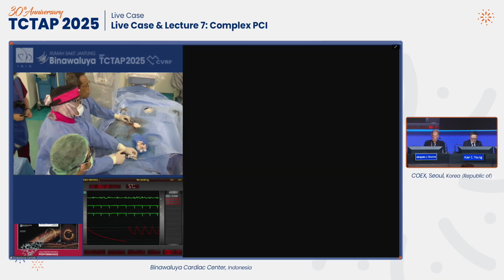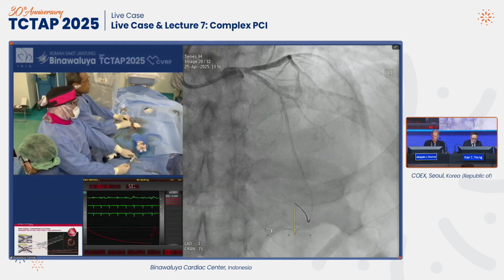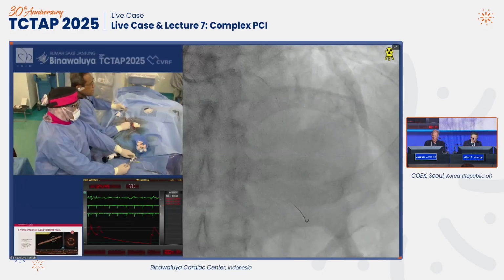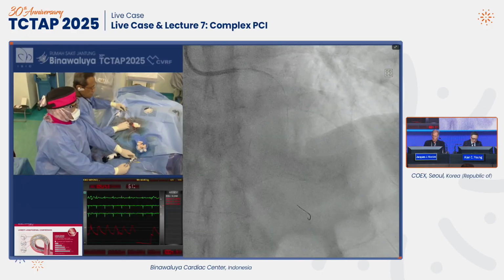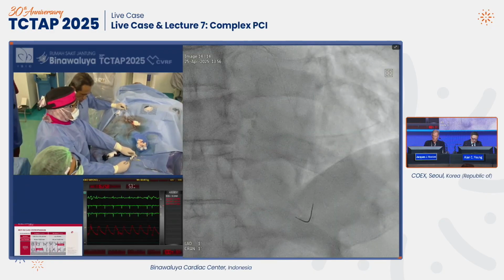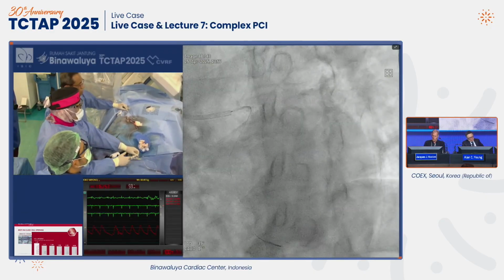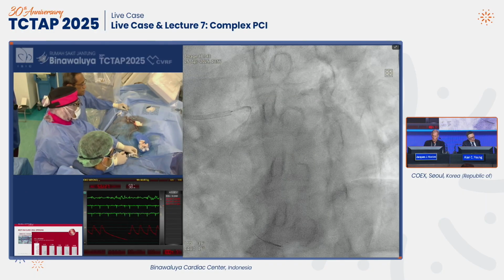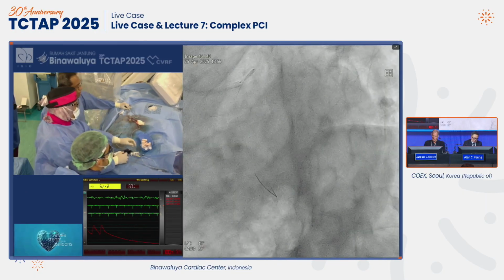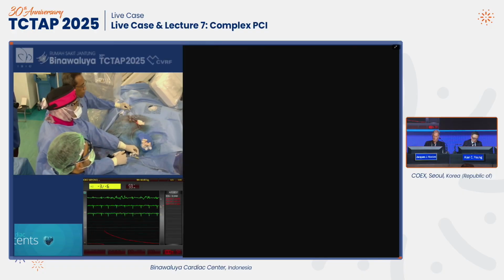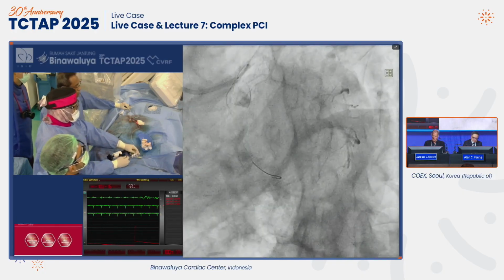So you're going to cover the left main, right? Yes, we cover until the left main. Okay. Spider, please. It's not very clear here. Not bad.